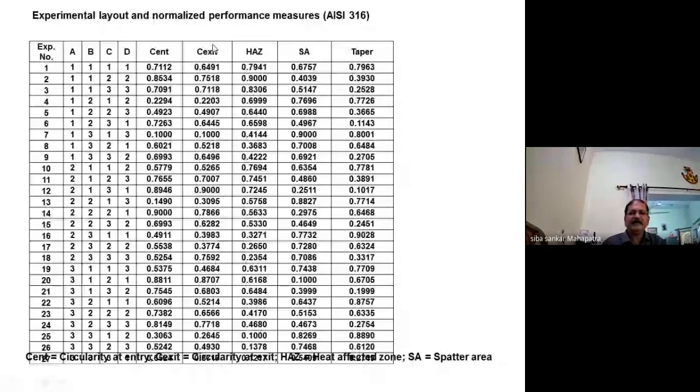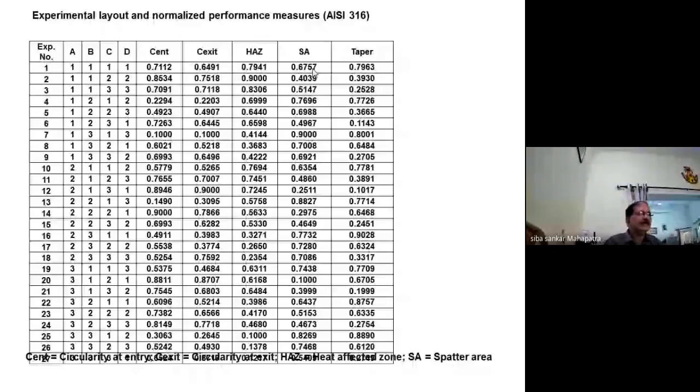Then the laser is a heat source. That's why you will have the heat affected zone near the periphery of the hole. So this is the heat affected zone. This is the spatter area. When the laser enters, the material will be spread over, or if it is not flushed properly, then the material will come out at the surface and be deposited there.